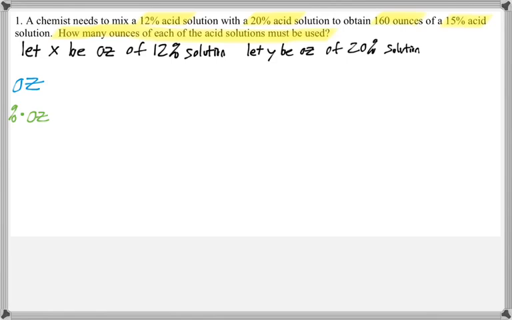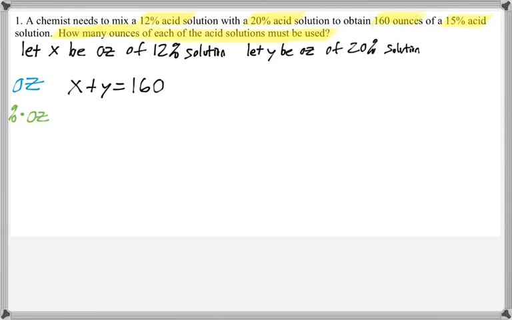And I'll explain that. So the ounce equation, well, x is the ounces of the 12%, y is the ounces of the 20%. I don't know how much of the x there'll be, how much of the y there'll be. That's what they're asking. But I know if I add them up, then that has to be 160, because they say that I need 160 ounces.